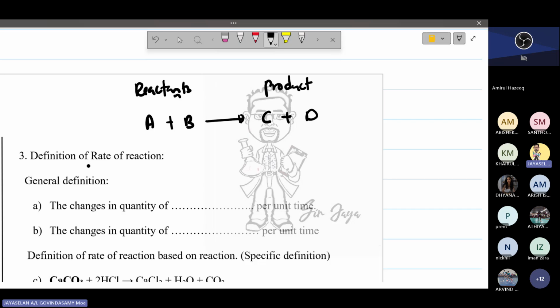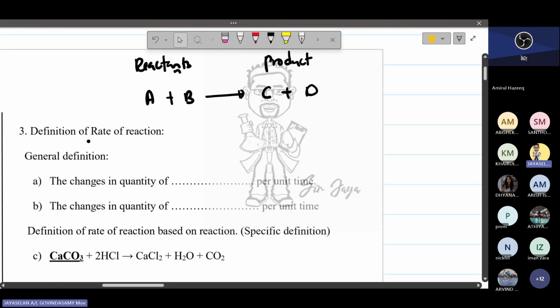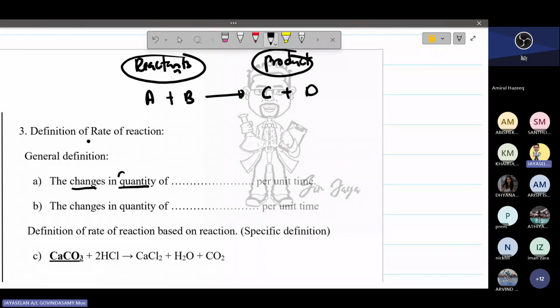General definition means, if they ask you to define what is meant by rate of reaction, that is general. If they ask you to define the rate of reaction in this experiment, that is specific. If they ask general, you write this. You can take reactant or product. There must be change and there must be quantity, otherwise no marks.